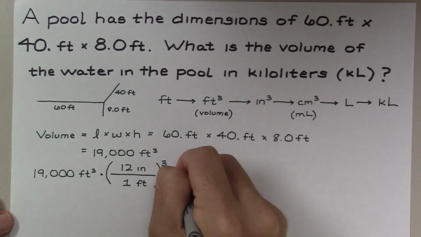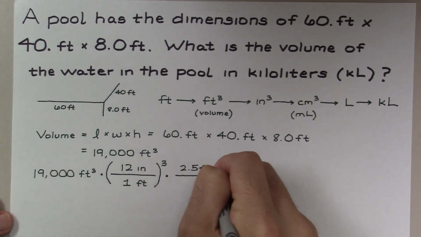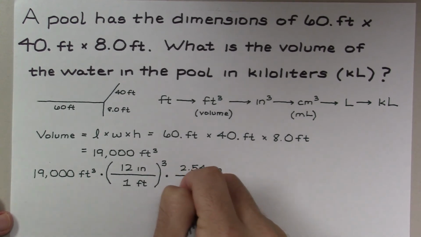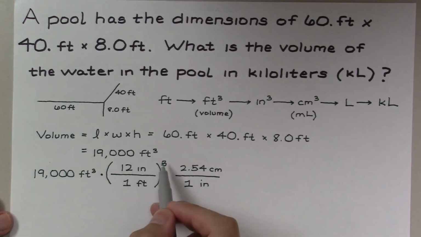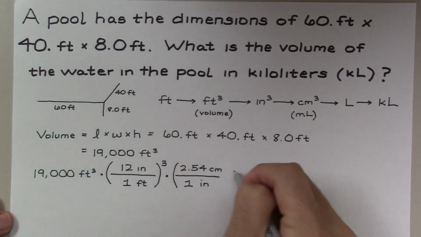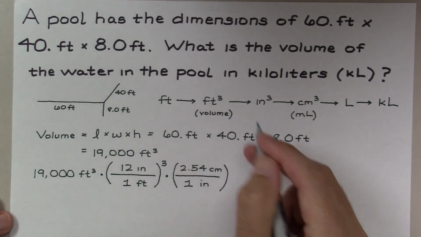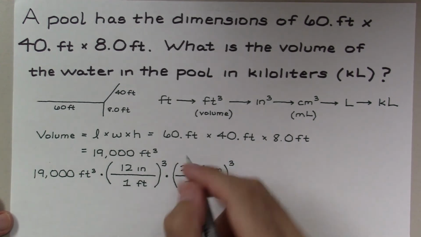So now we can go to our next unit conversion, which is 2.54 centimeters per 1 inch. But notice I had inches cubed in the problem before, and I only have inches in my new unit. So I will need to cube this as well. This will give us 2.54 cubed centimeters cubed over 1 cubic inch.